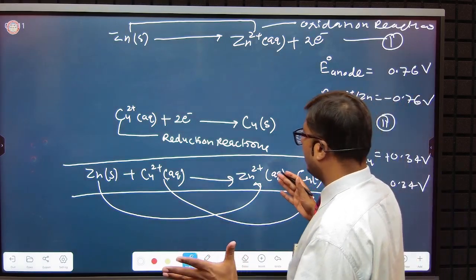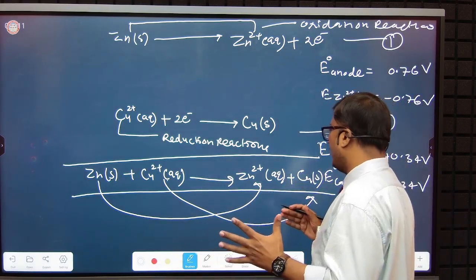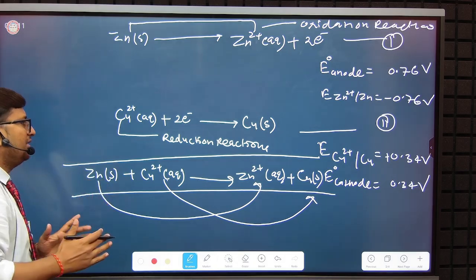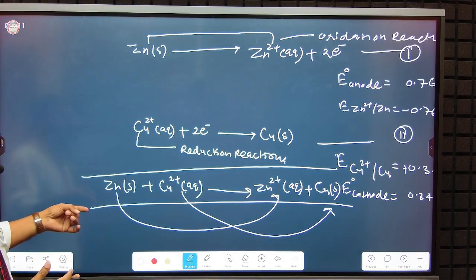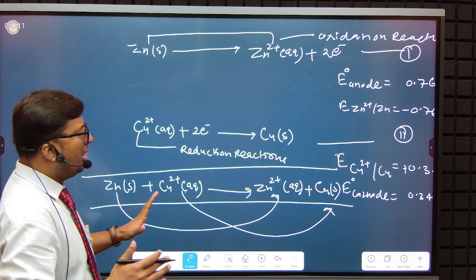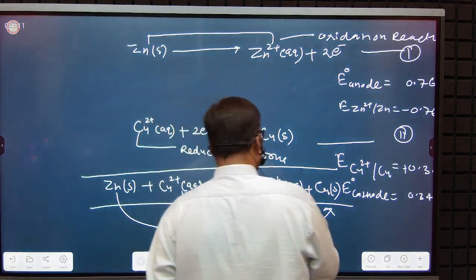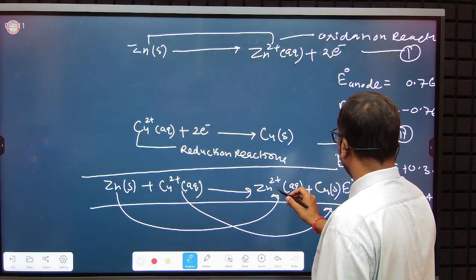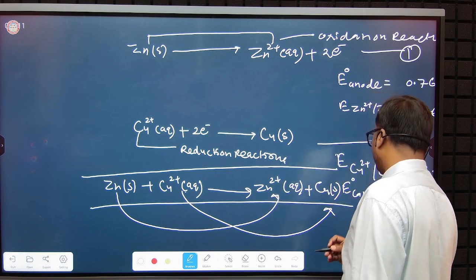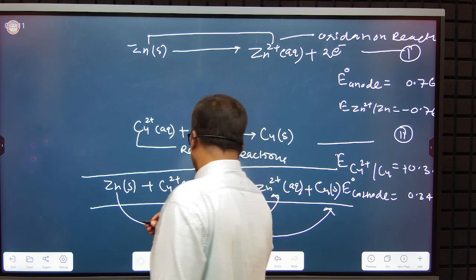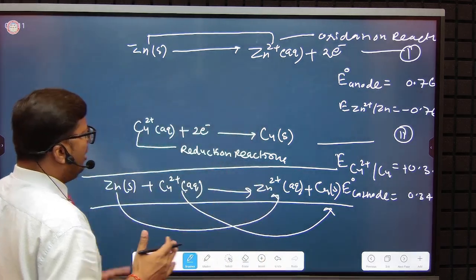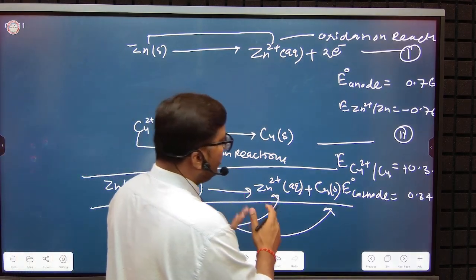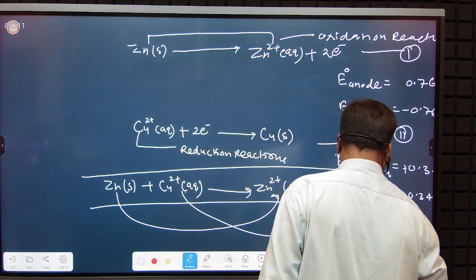So after a time, all the reactants are consumed through a particular redox process and converted into the products. The products of this overall redox reaction are zinc 2+ and copper solid. So the electrochemical cell produces a particular type of products in a redox reaction, right?